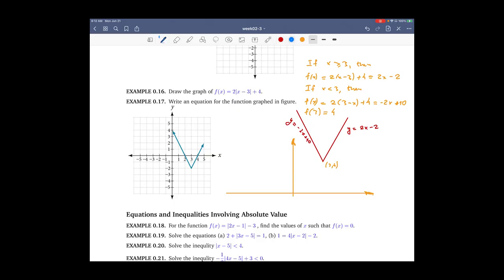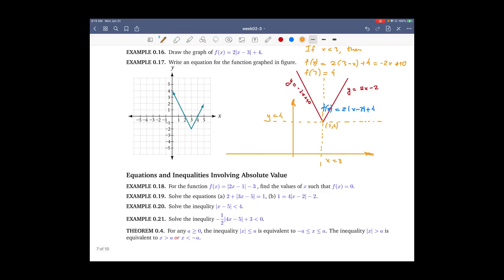Altogether, this is the graph of the function 2 absolute value x minus 3 plus 4. This line is y equals 4, and this vertical line is x equals 3. All right.